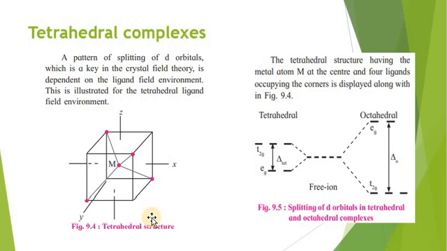Thus the pairing of electrons is not favored in tetrahedral complexes. For a d4 electronic configuration, the electron would occupy one of the t2 orbitals. The low spin tetrahedral complex is thus not formed. A typical example is nickel tetracarbonyl, Ni(CO)4, where the shape is tetrahedral.